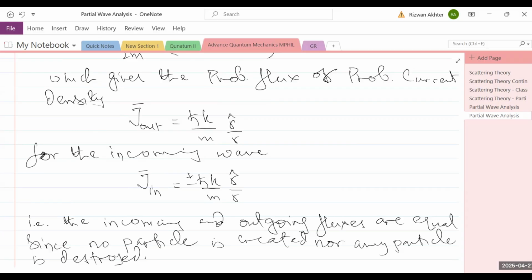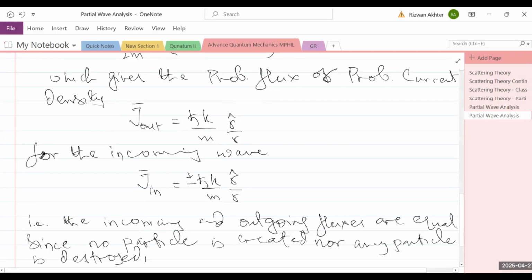In order to see the effect of a scattering potential, we need to look for this phase factor, which is a multiplicative factor with the outgoing wave.